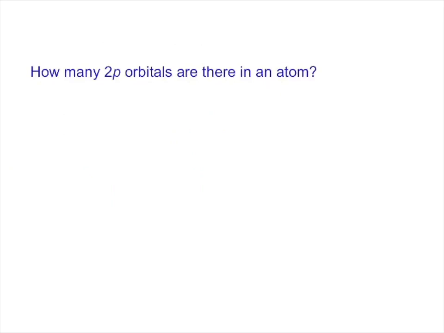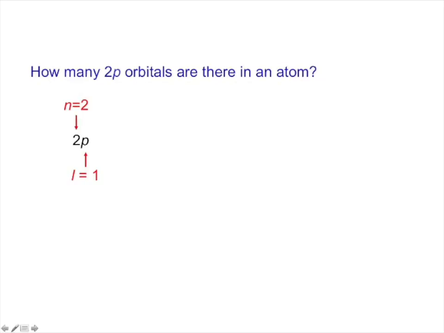Okay, another practice problem. This time, answer it for the pop-up question that's going to come up, and we'll go from there. Okay, I'm going to explain the answer because I already have the PowerPoint slide made. Why not? So how many 2p orbitals are in an atom?